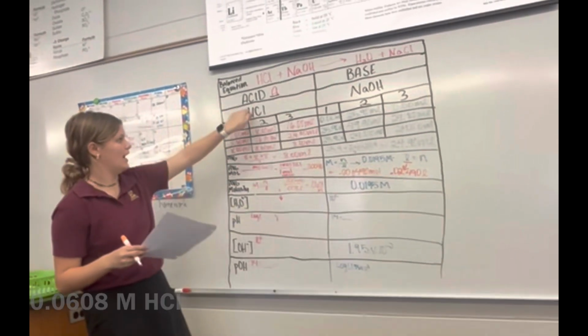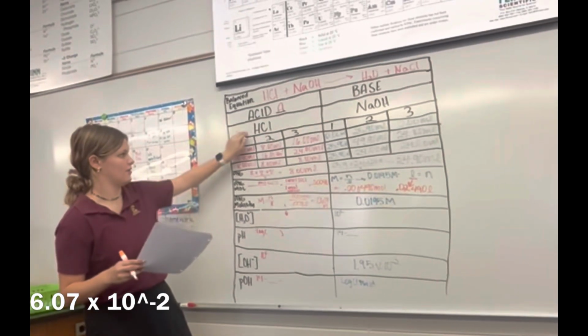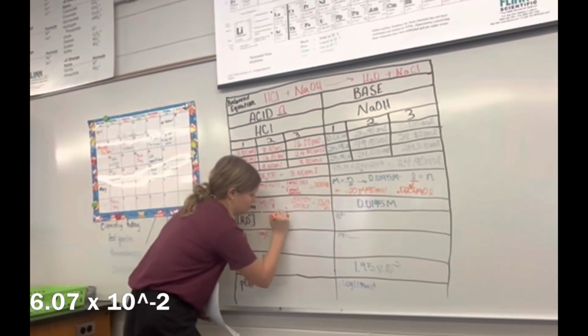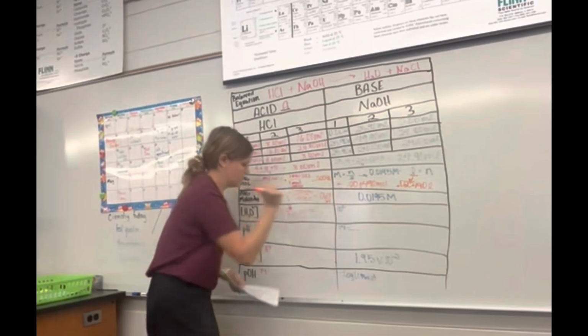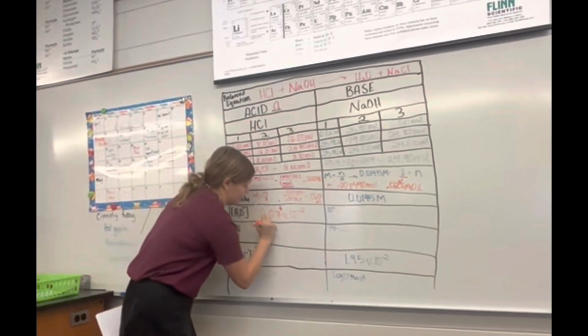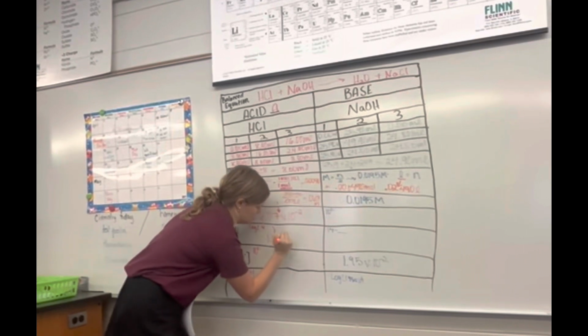Now, since hydrochloric acid produces 1 hydronium ion per each mole, we're going to plug that into our hydronium concentration. Then we're going to use the anti-log to find the pH, which is 1.17.